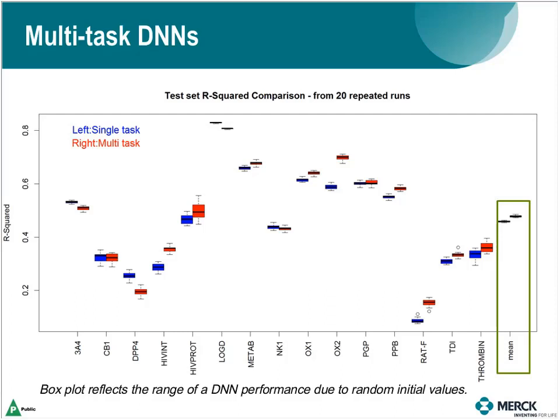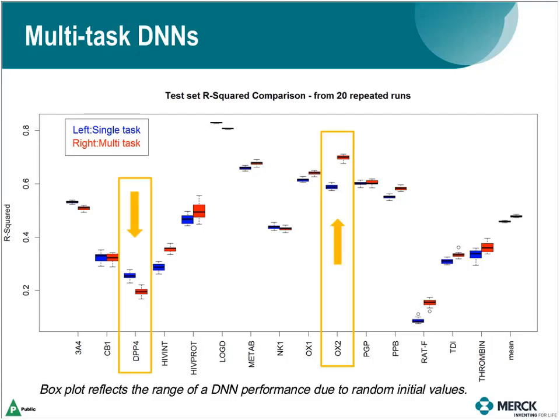But if you look at individual cases, in this case the multitask gets even worse. But in this case, which I call the OX2 case, the multitask is much better than the single-task case. So why did this happen? We focus on this OX2 situation.